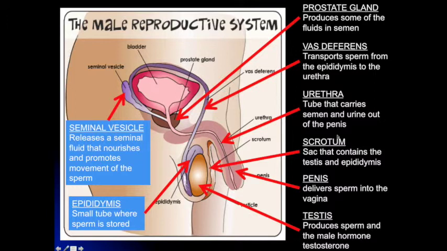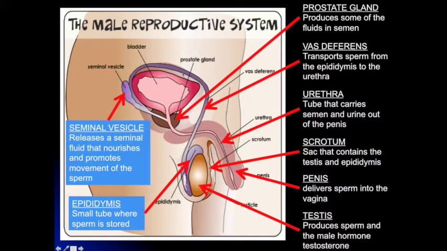So let's go over it again. The first part we talked about, number 1 in your list, should be the scrotum. Number 2 is the testes. Number 3 should be the epididymis, and let's follow the track. So number 4 should be the vas deferens.